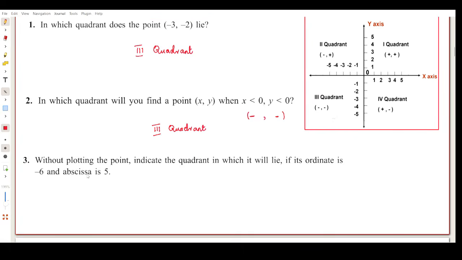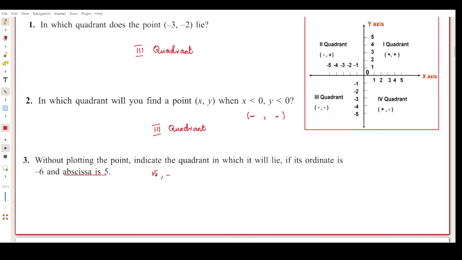Third question. Without plotting the point, indicate the quadrant in which it will lie if its ordinate is -6 and abscissa is 5. First you write the coordinate points. Ordinate is nothing but y coordinate and abscissa means x coordinate. First you have to write x coordinate.